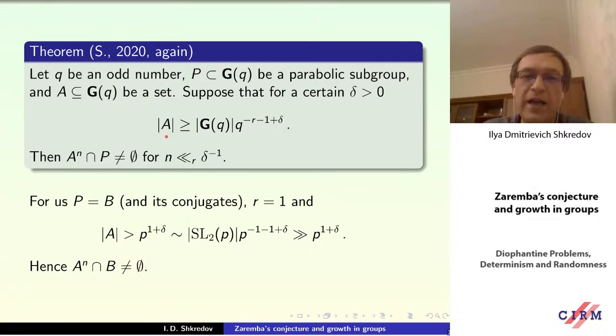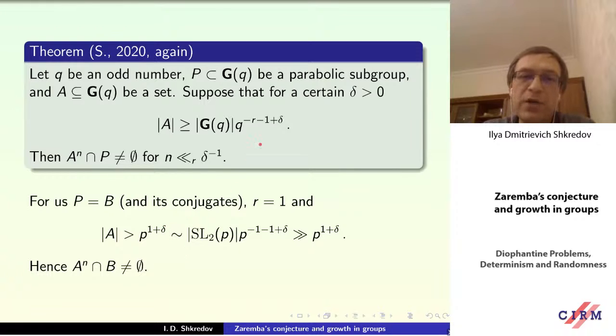If I have the following assumption, if my A is so large, then I intersect all parabolic or Borel subgroups.